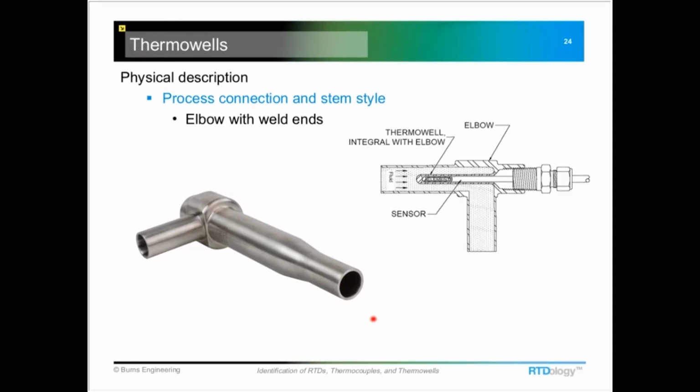And this one has weld ends on it as its process connection. And you may also see these with a hygienic ferrule connection. It might be a compression union or some other types, but certainly the weld-in and the hygienic ferrule are the two most common types of process connections for this style well.